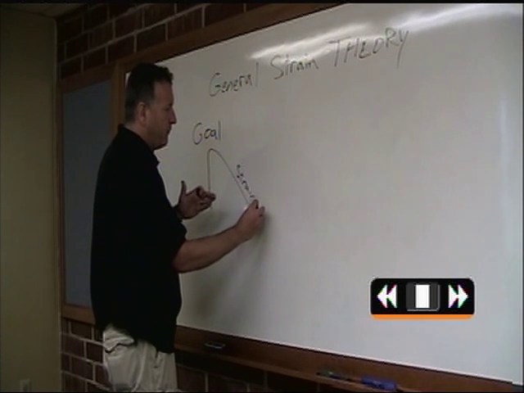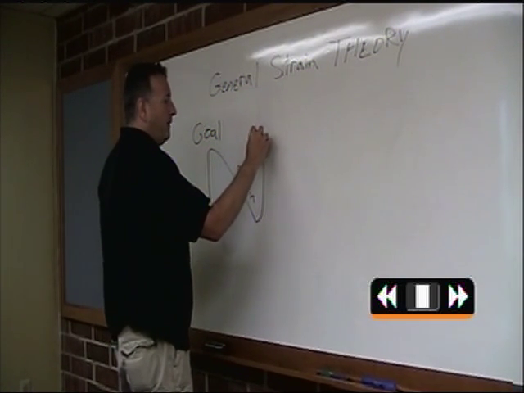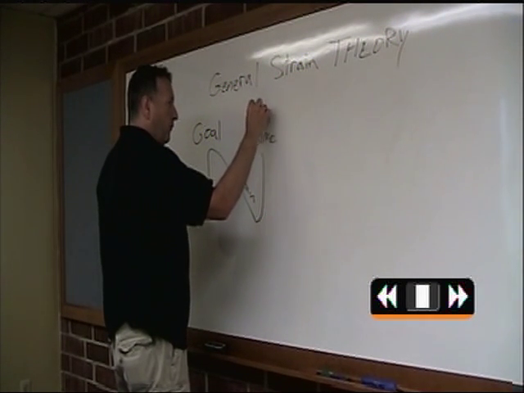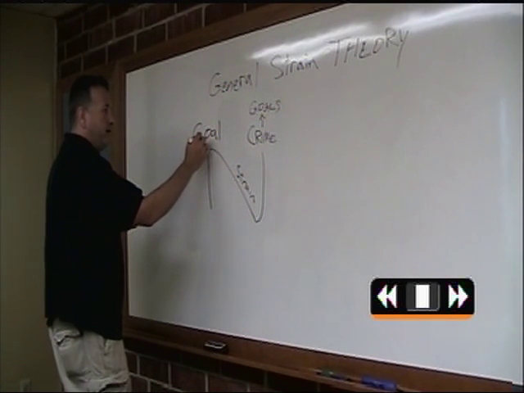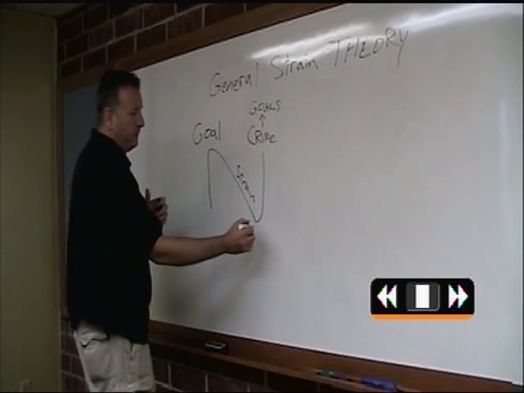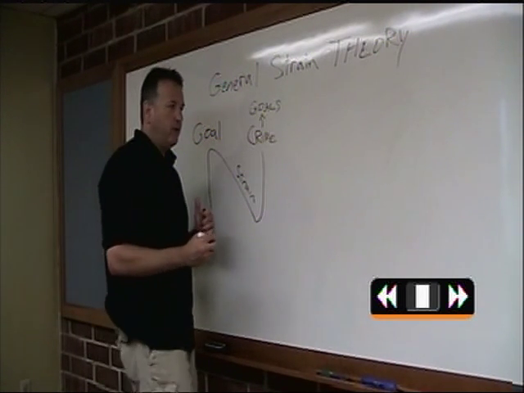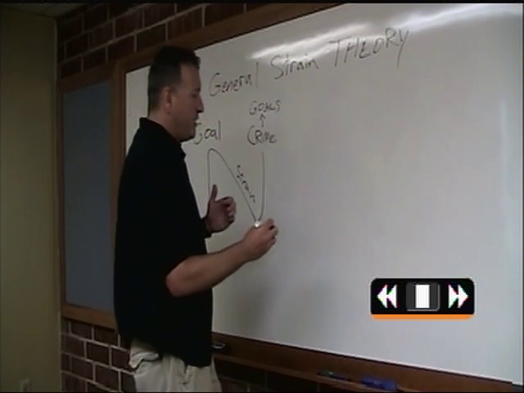The result of strain is that you would then turn to crime to achieve those same goals. You go from a legitimate way to achieve the goals, you fail, strain, you rebound into crime as a method to achieve those goals. So it's an either-or type of relationship.